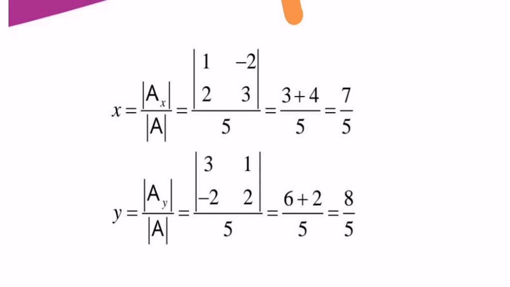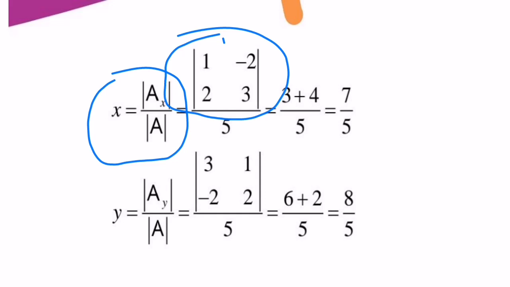Now X is equal to the determinant of AX divided by the determinant of A. We know that AX is 1, minus 2, 2, 3.